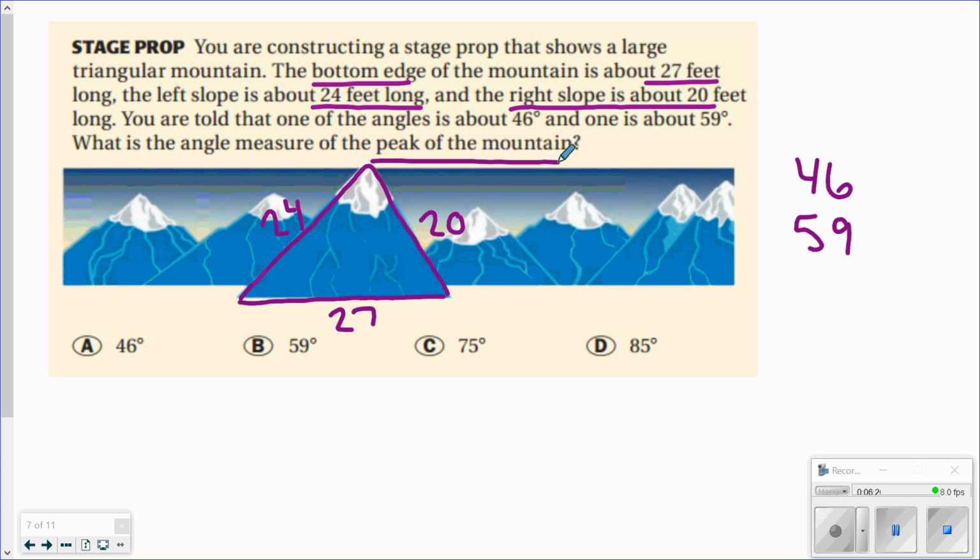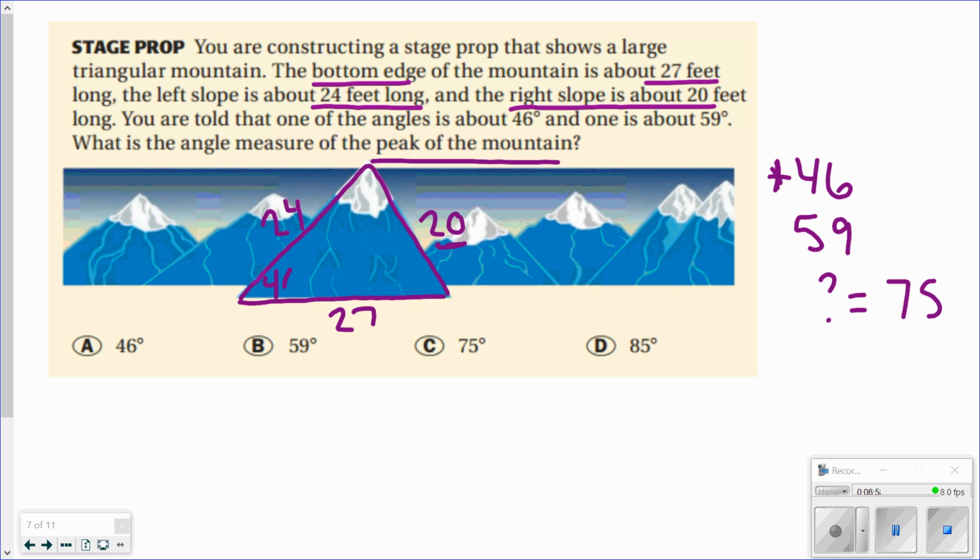First I need to figure out what the third angle measure is. Well, I know that when I add up the three angles, it equals 180. So what must the third angle be equal to? 75. Now that I know the angles are 46, 59, and 75, I can place them. 20 is my shortest side length, which means opposite of the 20 side is going to be my smallest angle measure, which in this case is 46.